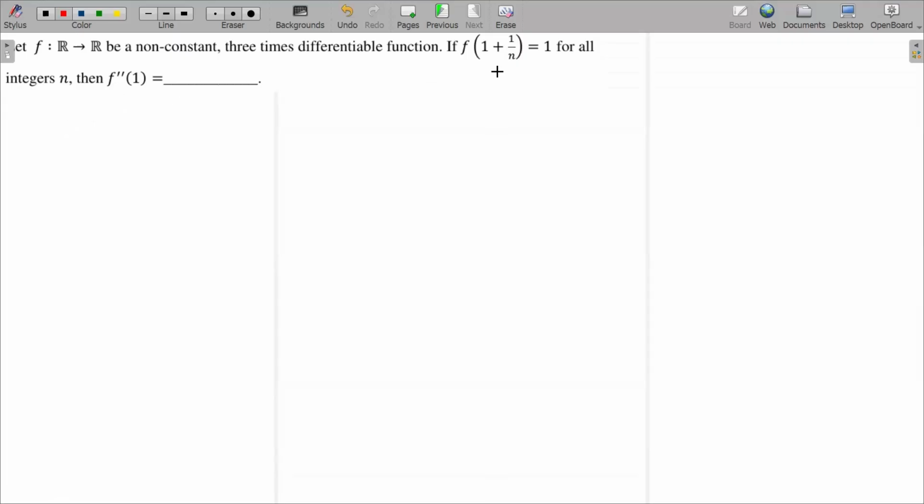Like f dash of 1 plus 1 by n into minus 1 by n square is equal to 0, and then put the values. On the right side you will say 0.